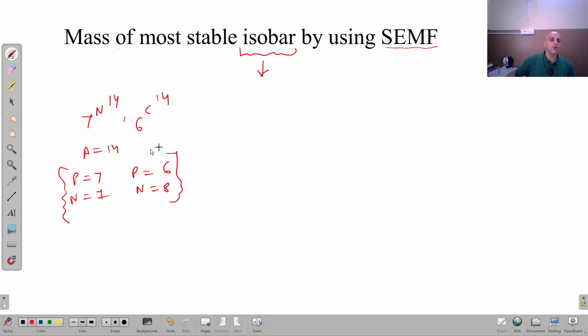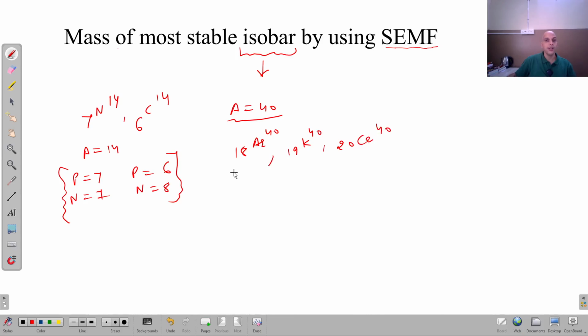I am showing you one more example. It is related to the mass number A equal to 40. So for A equal to 40, I am taking the case of 3 isobars. Even more isobars are possible at this mass number, but the prominent ones are 18 argon 40, 19 potassium 40 and 20 calcium 40.